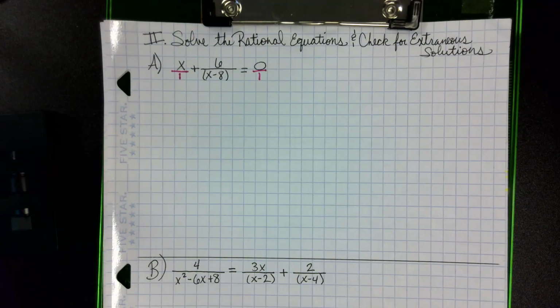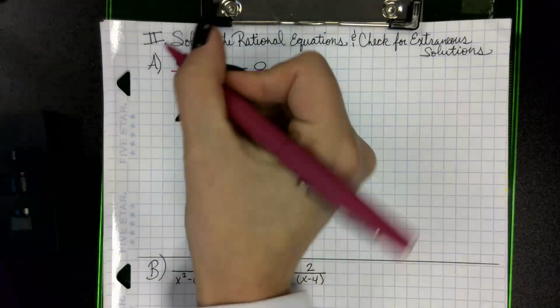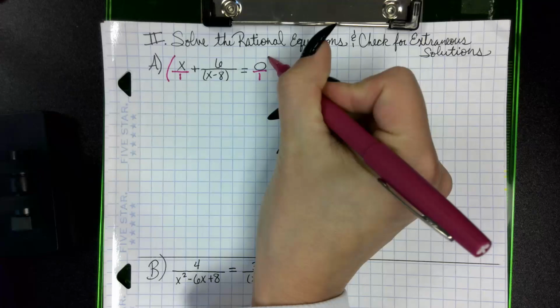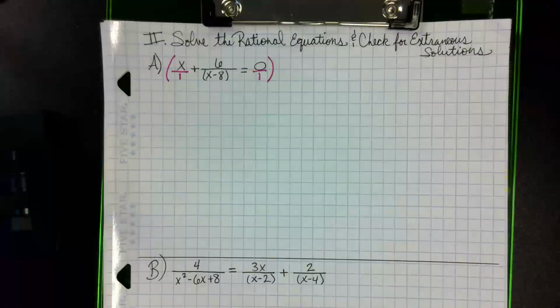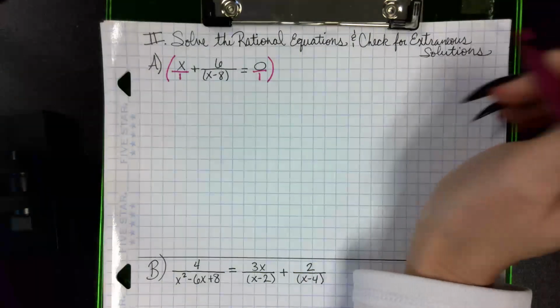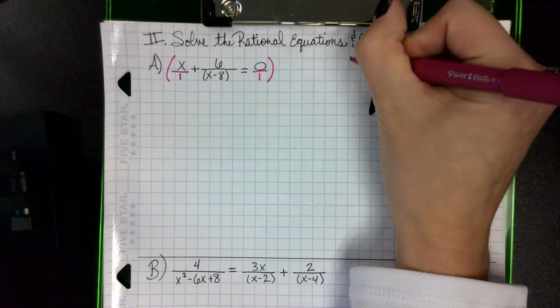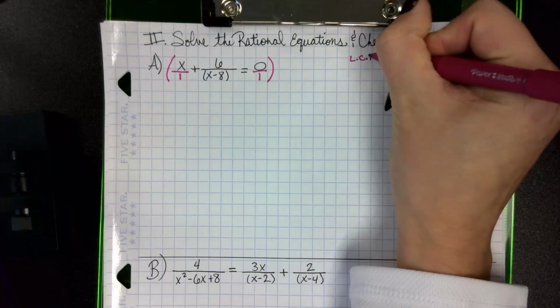And then we want to eliminate denominators. To eliminate them, you're going to take the entire equation and multiply it by the lowest common denominator, or LCD. Over to the side, you have to figure out what that is.